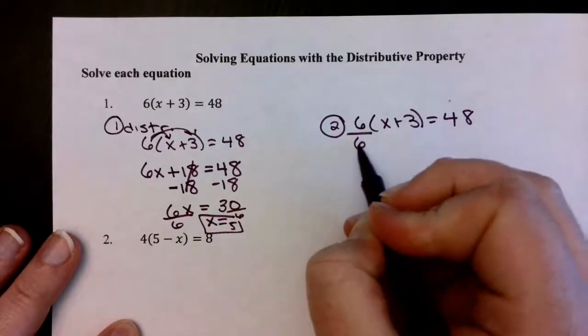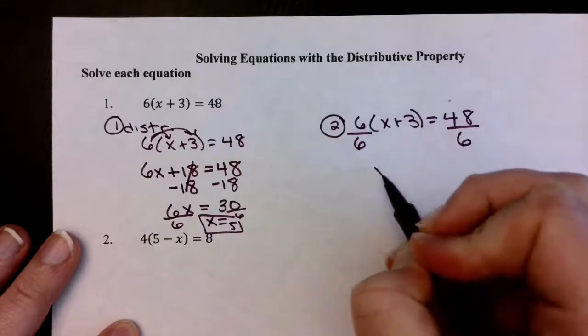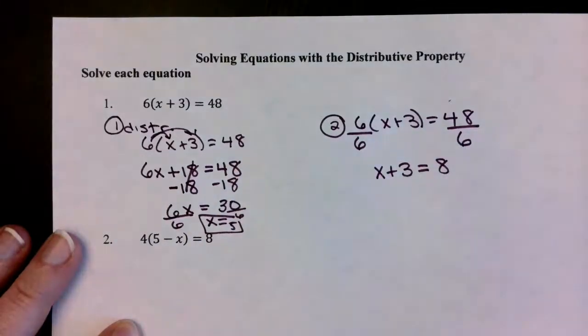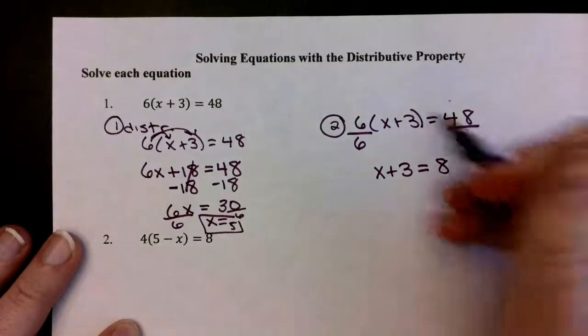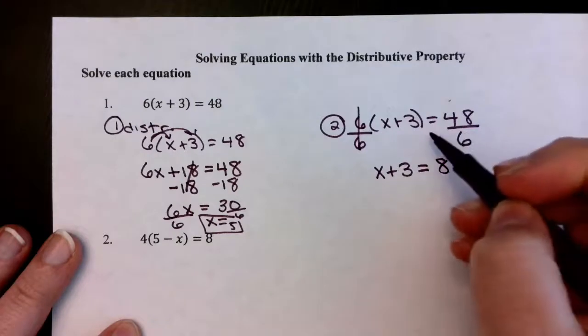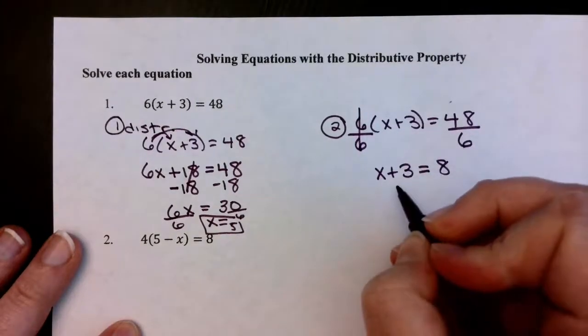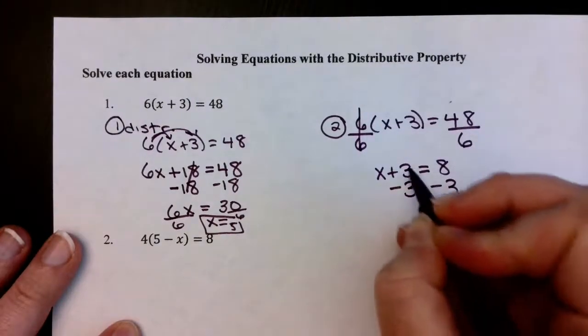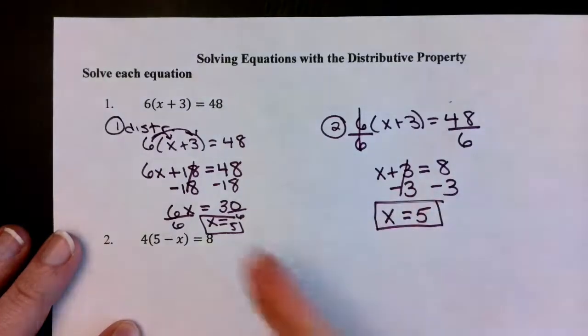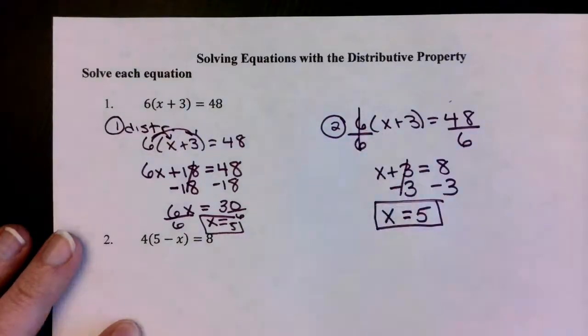So I can actually divide both sides by 6, leaving x plus 3 equals 8, because 48 divided by 6 is 8. Once I move that 6 away, those parentheses go away. Now I can just subtract 3, x equals 5. So either method works. One's just a little quicker when you can actually do the division.